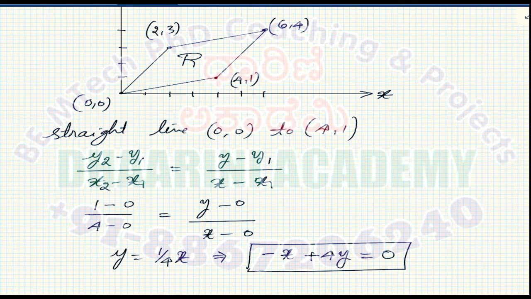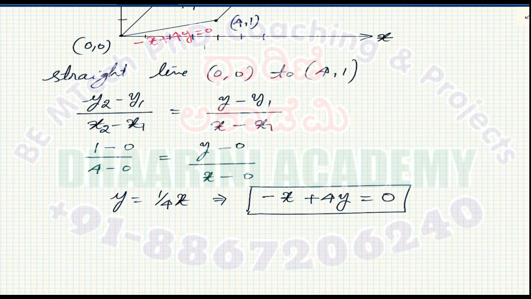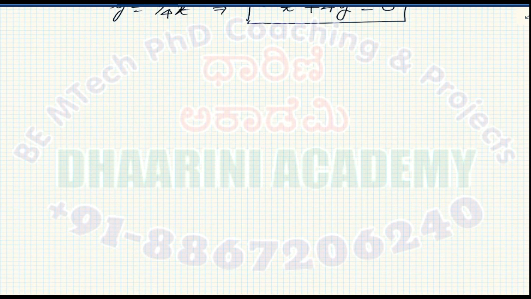But anyway, I understood that this line has an equation given by minus x plus 4y equals 0. I'll just make note of that in my diagram. That will help me a lot. Very similar to this, we know the steps now, so we can do it by ourselves. Directly, I will go to the answers.